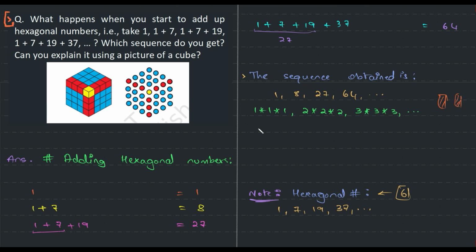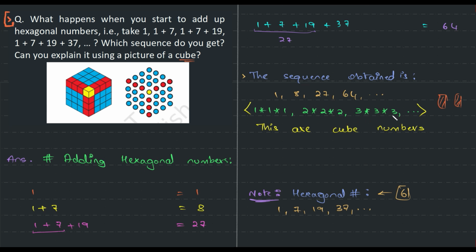Think. What are these? Yes, these are cube numbers. This is your clue. Cube numbers are numbers which are obtained by multiplying the same thing 3 times.